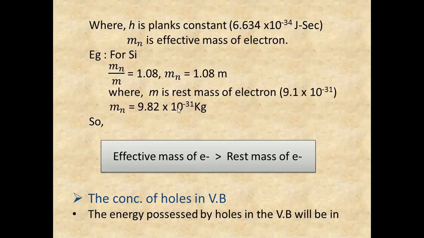Now m is the rest mass of the electron, which is 9.1 into 10 to the power minus 31 kg, and your m_n is calculated as 9.82 into 10 to the power minus 31 kg. So the conclusion is that the effective mass of electron is greater than the rest mass of electron. On calculation we have got this.